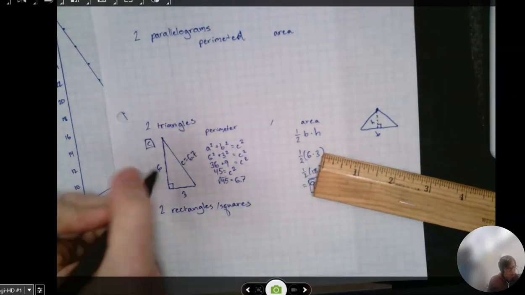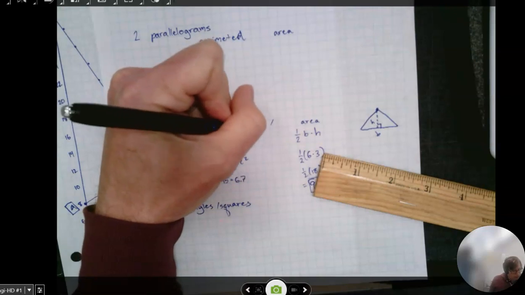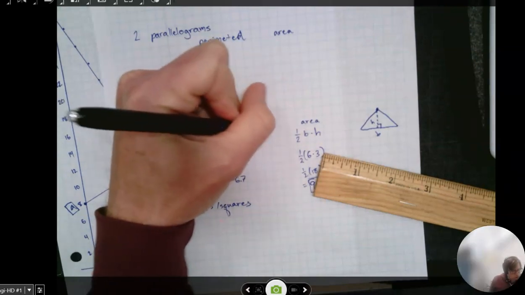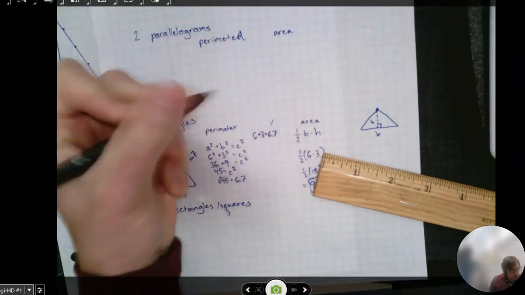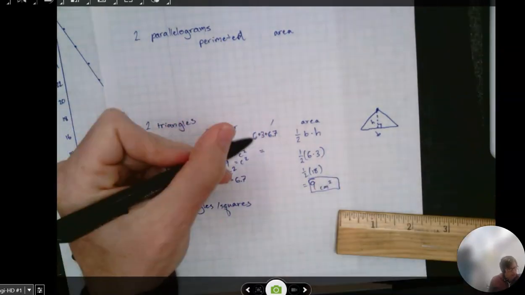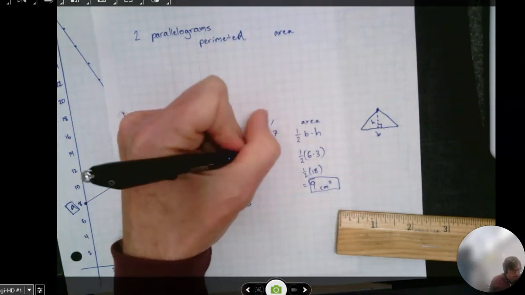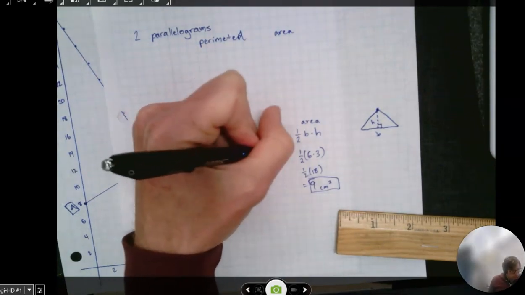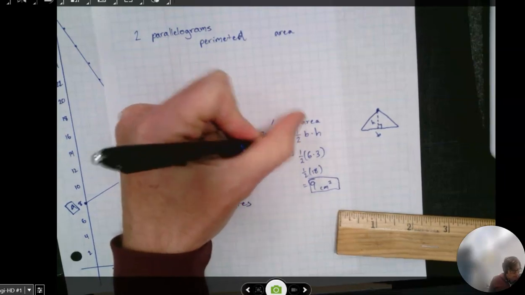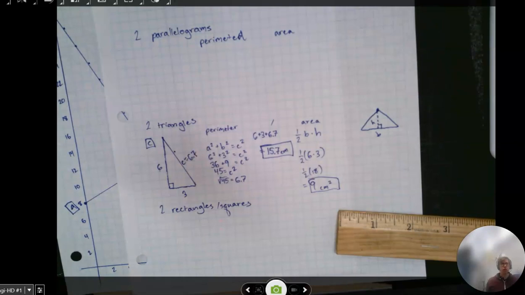Okay, so perimeter, I'm going to add up all three sides. So I'm going to write 6 plus 3 plus 6.7. And when I combine those, the perimeter is going to be 15.7 centimeters. All right. So this triangle is done, and you would repeat with another triangle.